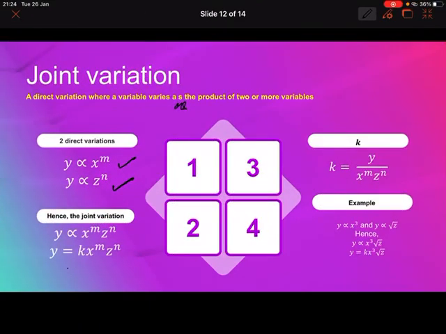We say y varies jointly as x power of m and z power of n.